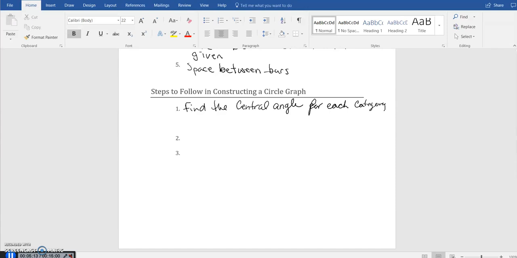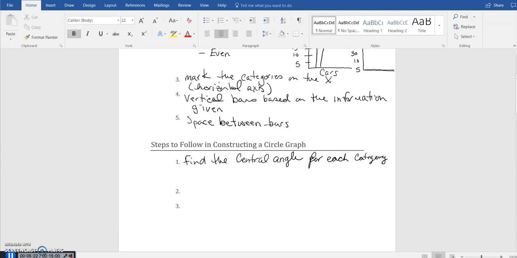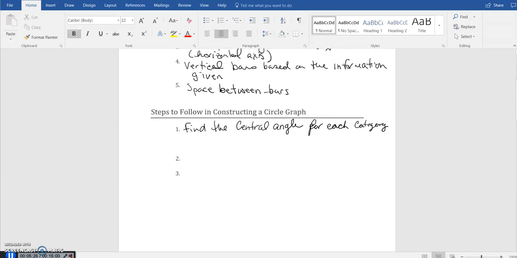Now, how do I do that? How do I find this central angle? Well, of course, we have percents. So we find our central angle by multiplying the percent by 360. Now, why 360?